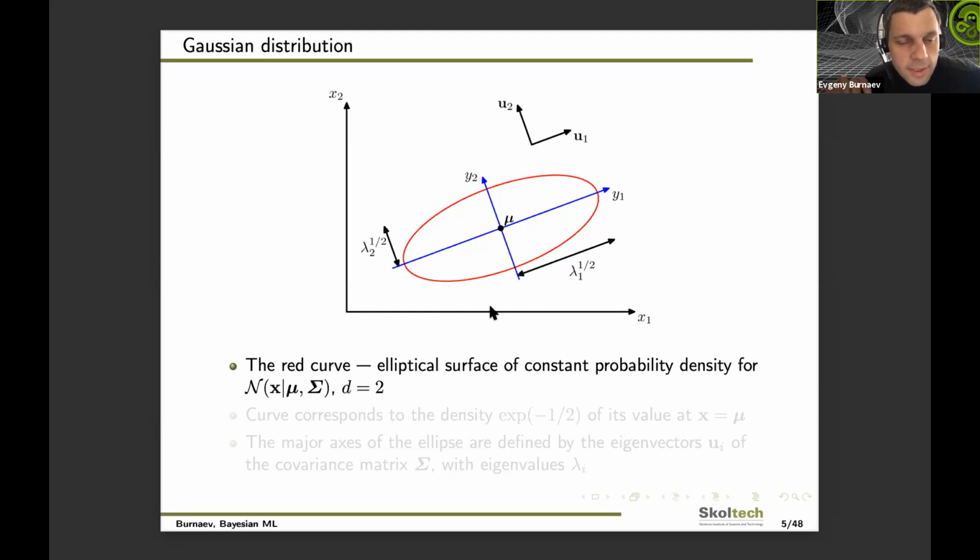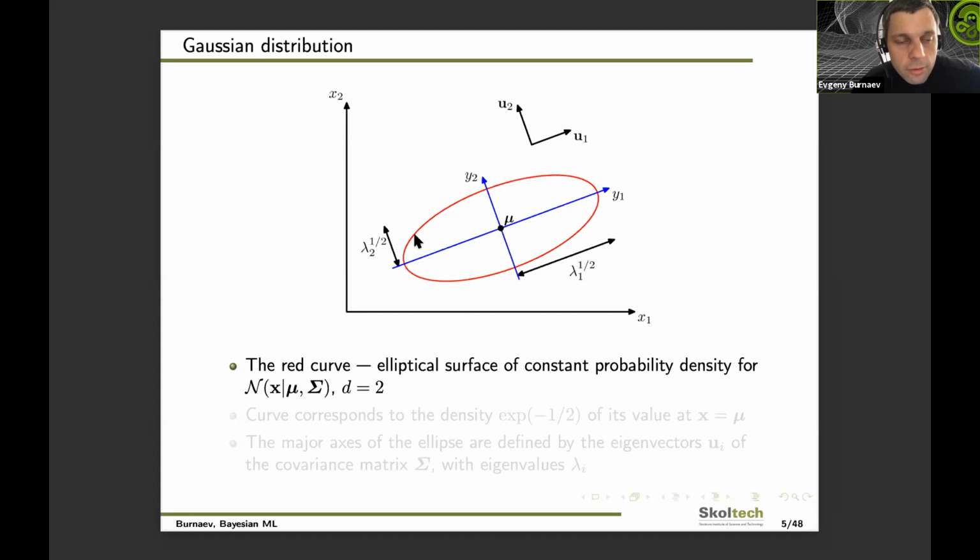these sizes are proportional to the corresponding values of eigenvalues. Like if the maximum eigenvalue is 2 times bigger than the second eigenvalue, then the size of the ellipse along the first eigenvector is 2 times bigger than the size of the ellipse along the second eigenvector.